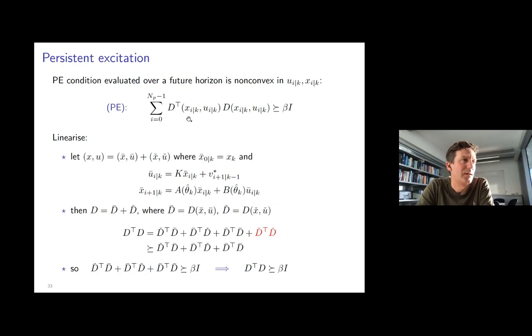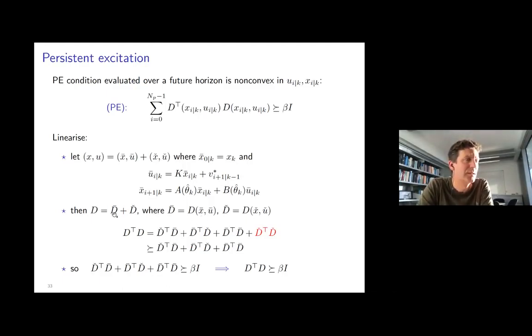But if we have an estimate of the optimal sequence of controls and states, then we can linearize around that estimate. And in fact, it's possible to linearize this in a way that gives a linear condition which is sufficient to guarantee the original condition. So it's not necessarily approximate. Well, it's approximate, but it does actually guarantee sufficient conditions for persistency of excitation.